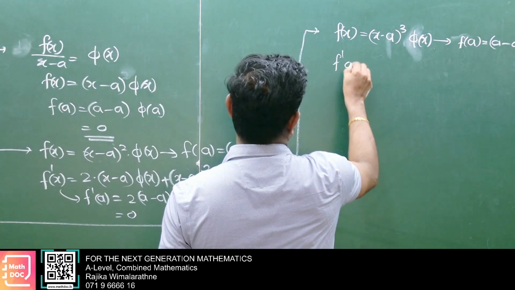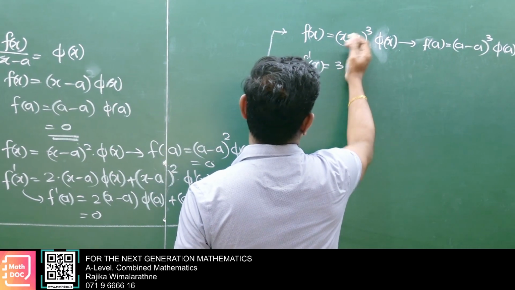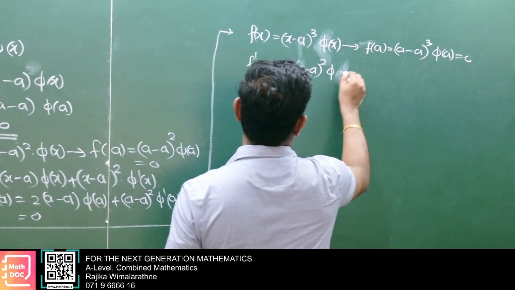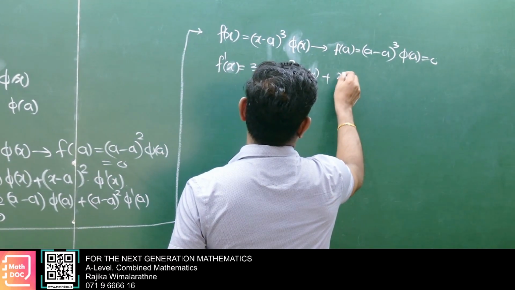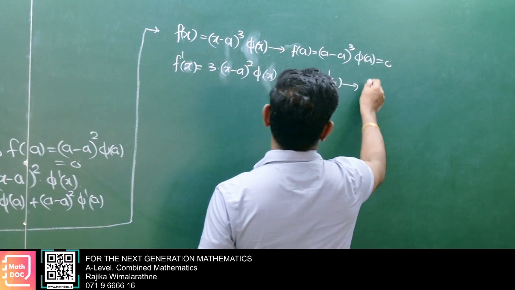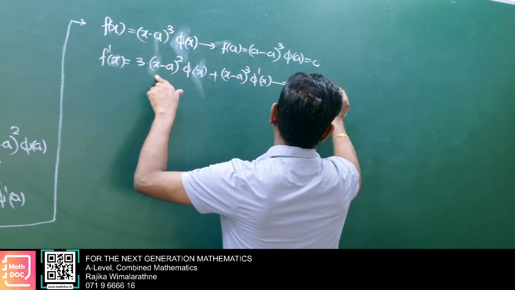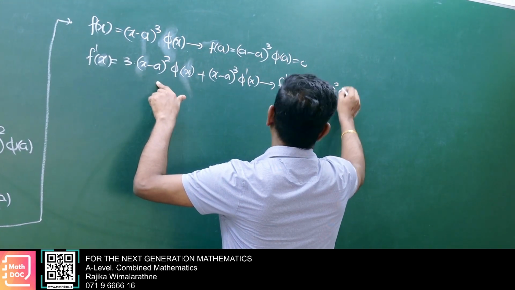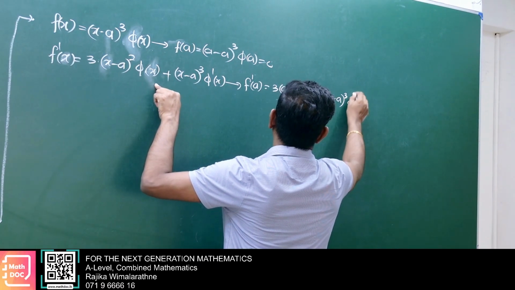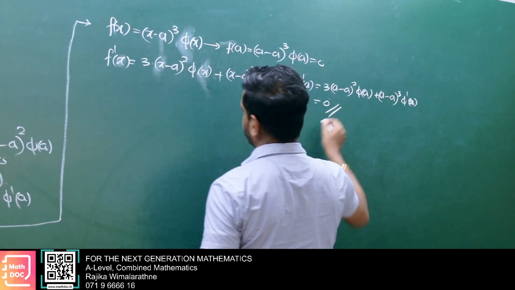Then f dash a: differentiate, f dash x equals 3 (x minus a) to the power 2 phi(x) plus (x minus a) cubed phi dash x. Now by this f dash a equals 3 into (a minus a) squared phi(a) plus (a minus a) cubed phi dash a. Then 0, 0, we get 0 here.